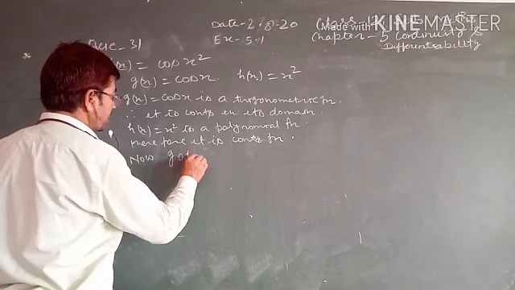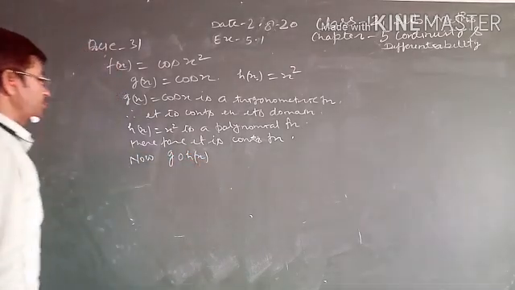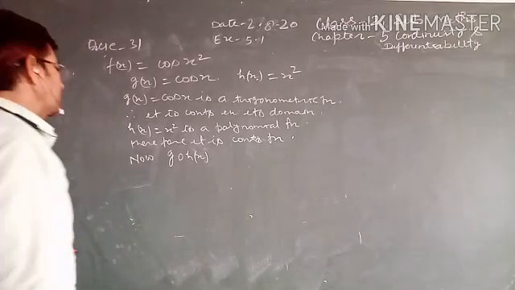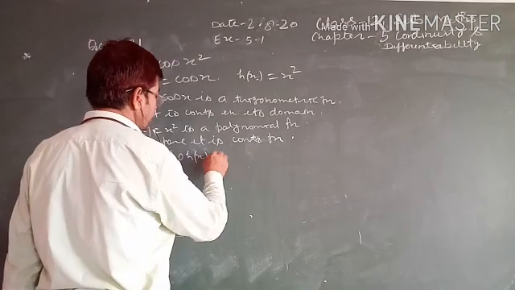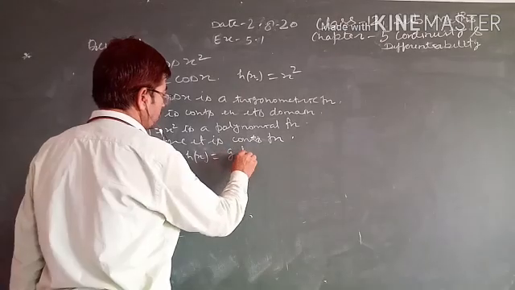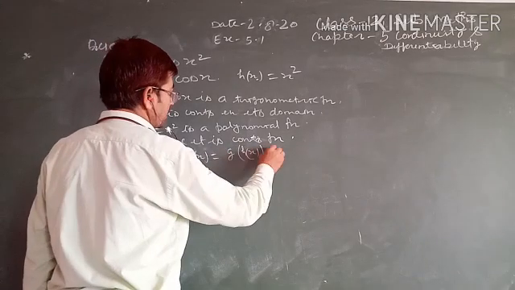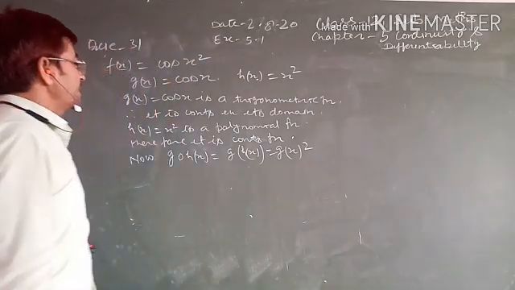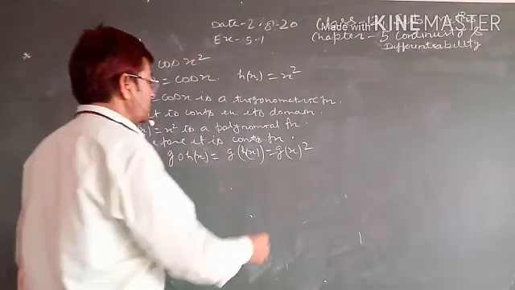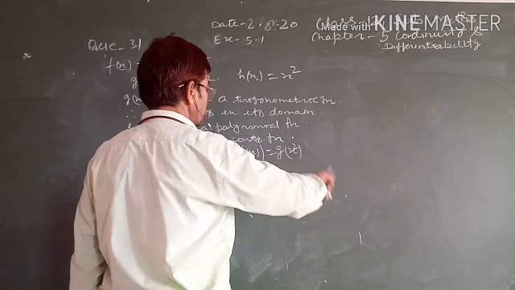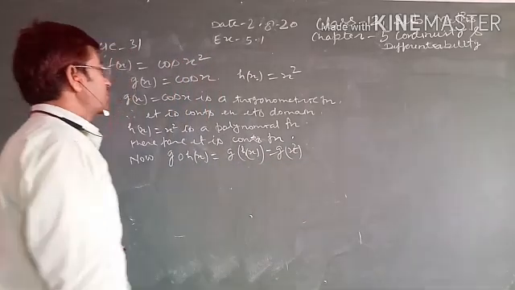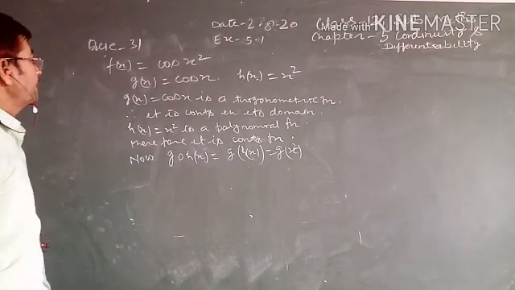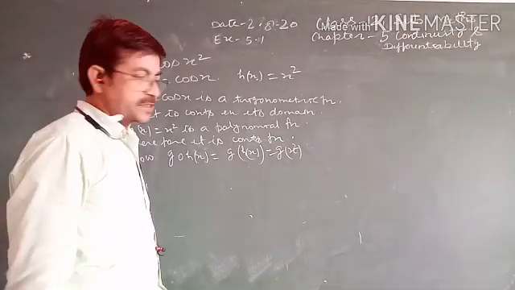Now, g circle h. Yes. It is the composition of g and h, which is equal to g(h(x)). h(x) is x square, so it is equal to g(x square). Students, it is given g(x) is cos x.